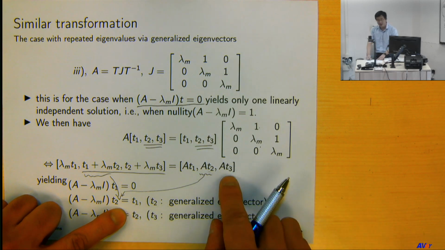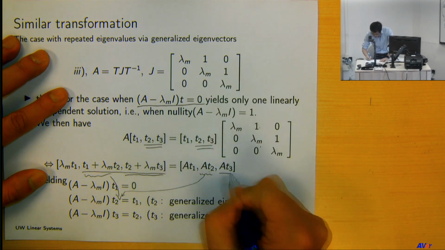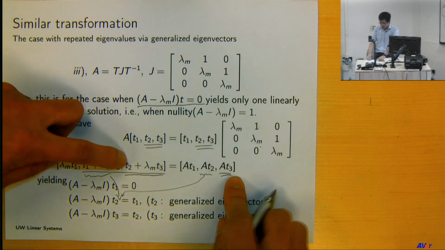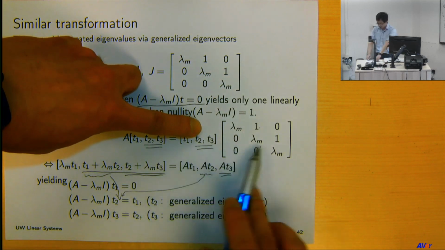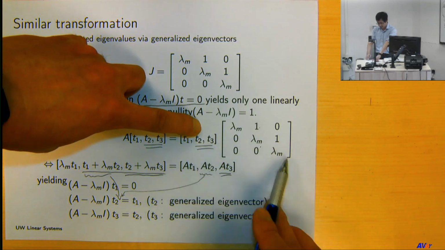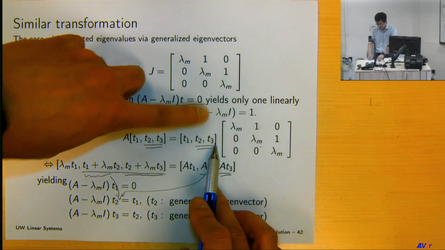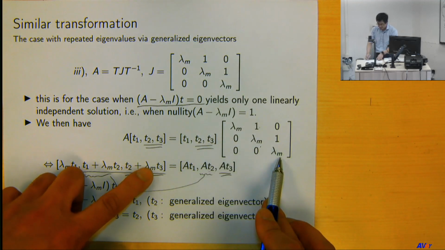T2 is a generalized eigenvector from T1. Now for T3, this is where you need to be a little bit careful. T3 satisfies AT3 equal to 0 times T1 plus 1 times T2 plus lambda m times T3. So AT3 equal to T2 plus lambda m times T3, right?